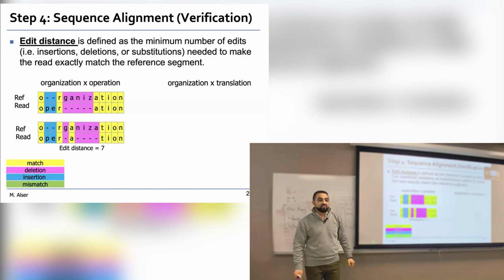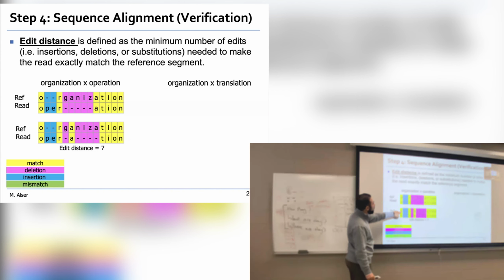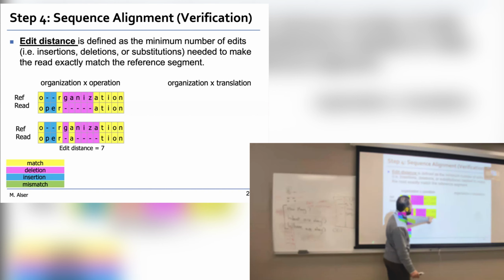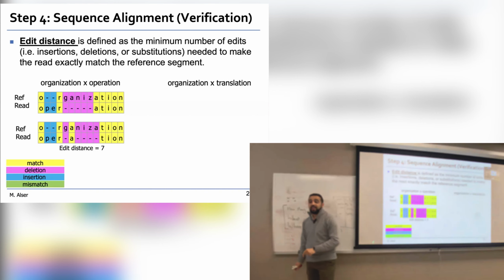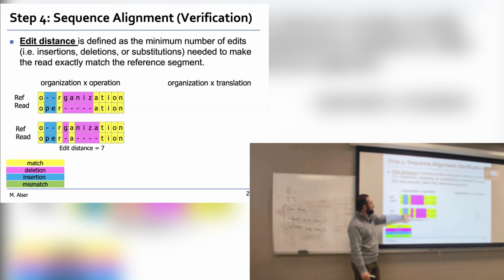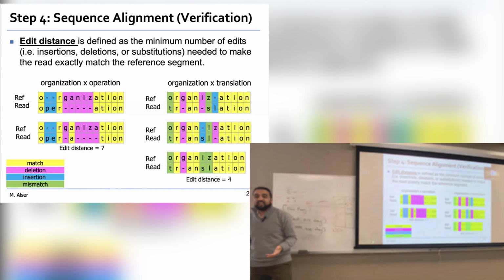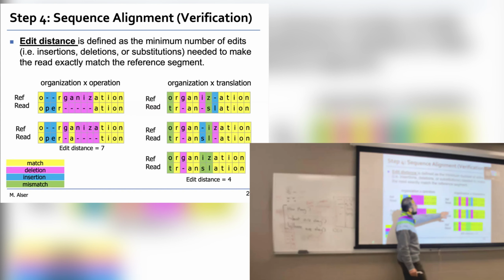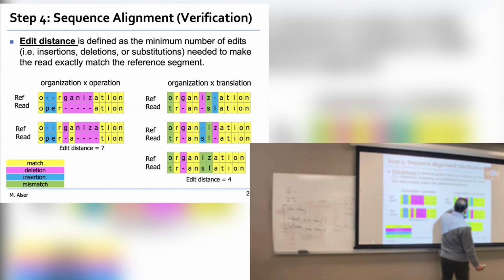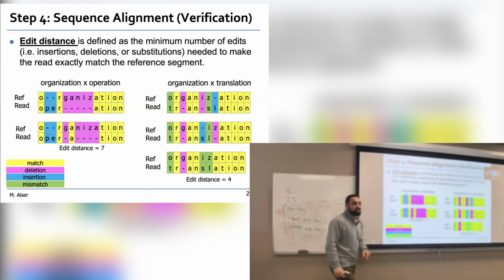But I could also have a different arrangement as in here. O and O, R and R, A and Shen all together, right? And I will have a deletion over here, an insertion, and more insertion. Now, I could have really more than that. I could have three arrangements between organization and operation, which is this, this, and this. But the question is, which one is the right one?